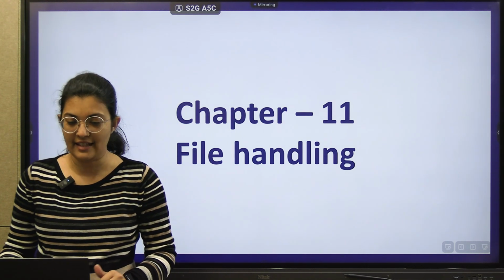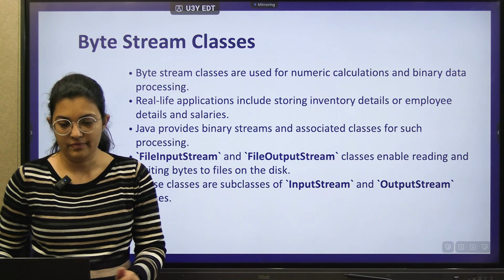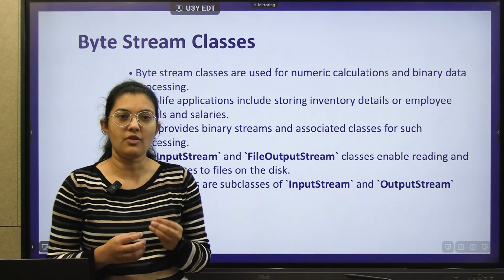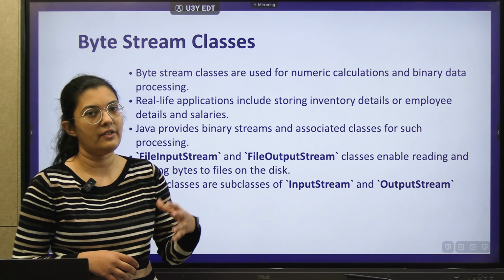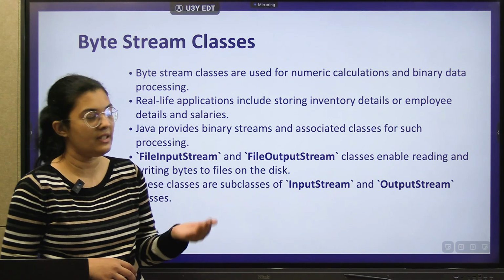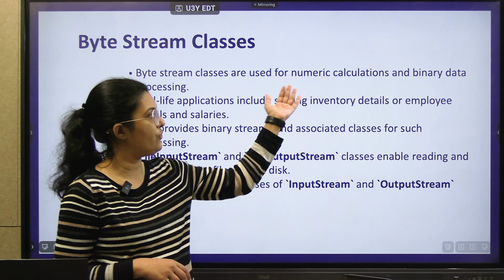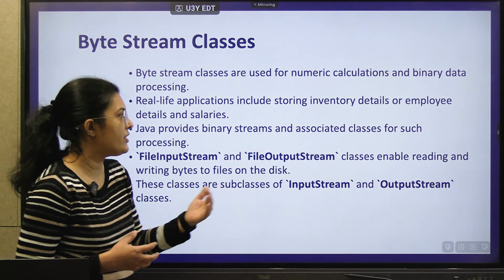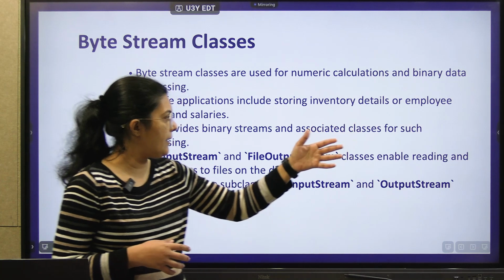So let's get started. Binary streams are basically used to store binary data. That means all integer, float, and double data will be stored using these classes, and that can be useful for numeric calculations. We can use these classes for storing inventory details or employee details.